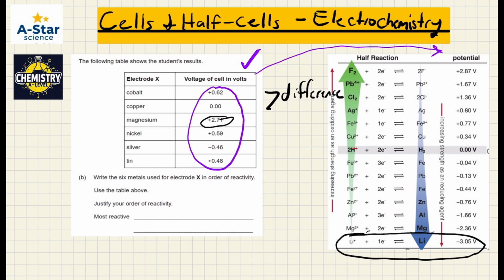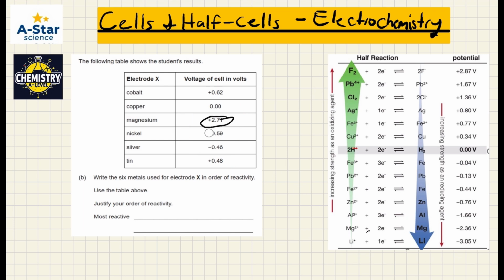The ones that have the largest voltages are the most reactive. And so how would you make a cell with the greatest potential difference that's going to provide the greatest current? Well, you would take the metals which have the biggest difference.